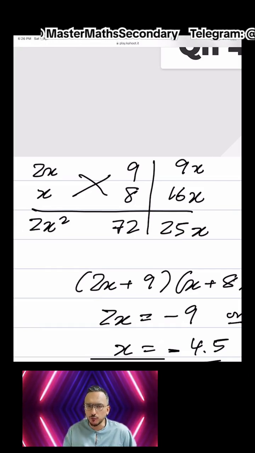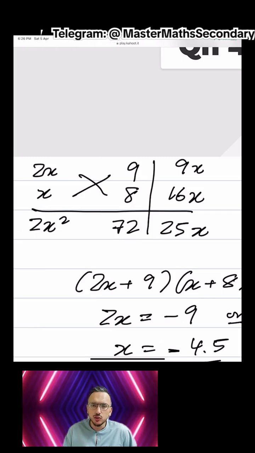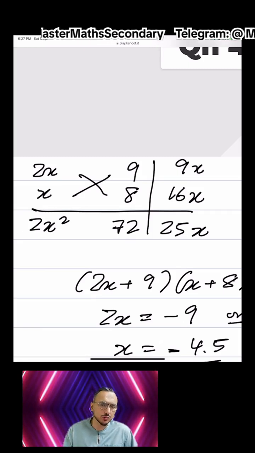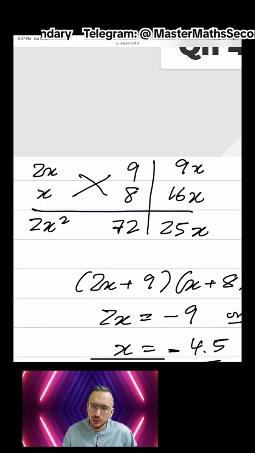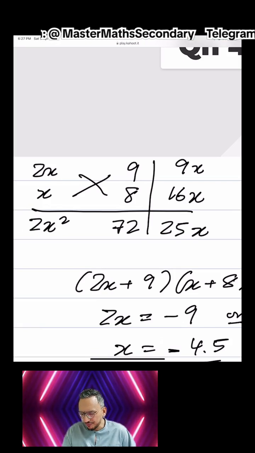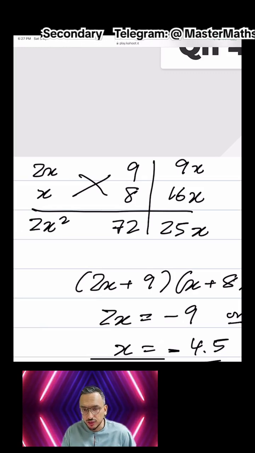Usually as a rule of thumb, we try to get factors that are close to each other. So 72, you don't go and put like 24 times 3, no. You don't put 72 times 1. You put two numbers that are close to each other, like 9 and 8. You start with that lah. If cannot, of course, you got to go back to the drawing board and try again.